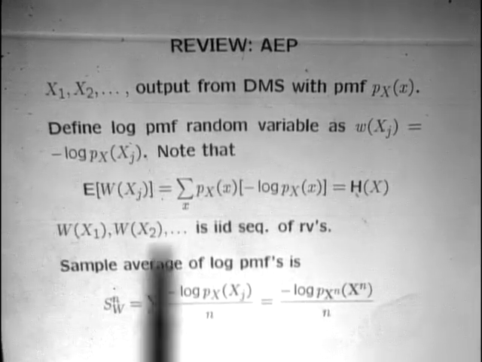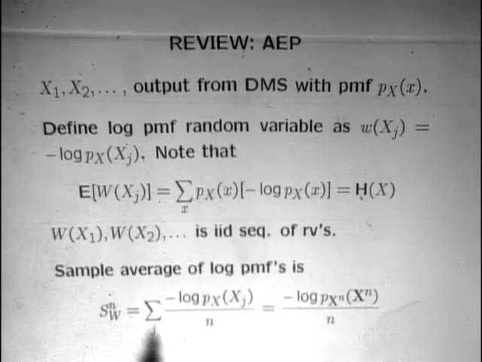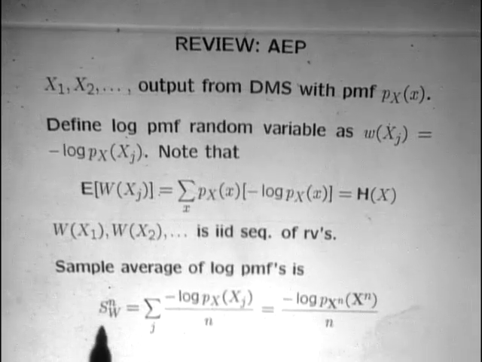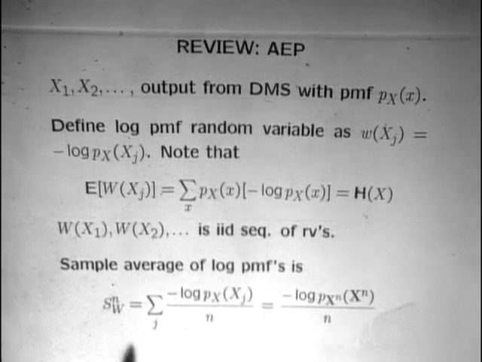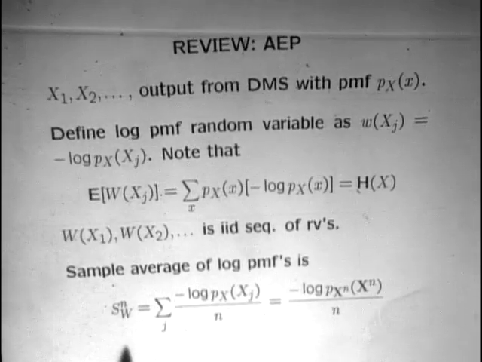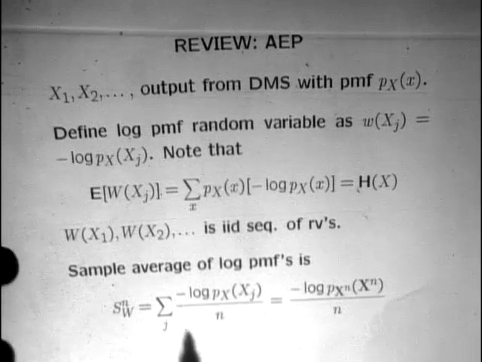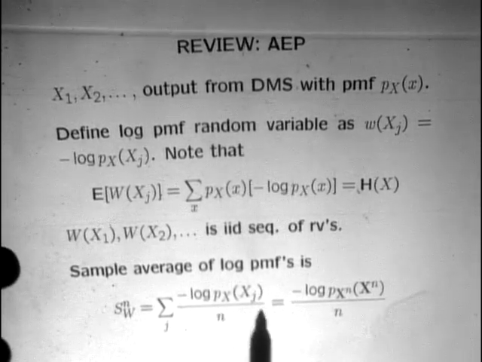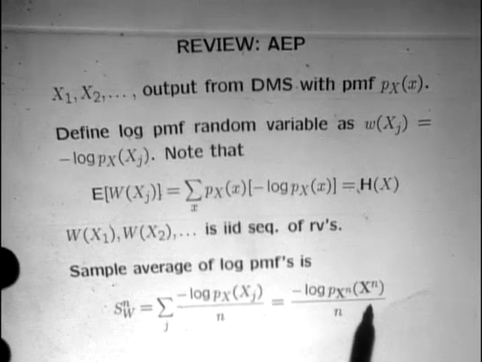We then talked about the sequence of these random variables. We talked about the sample average of them. And the whole reason you want to look at this random variable is the sample average of a lot of these log PMFs, since logs add when the thing you're taking the log of multiplies. What you wind up with is that the sum of these log PMFs is in fact equal to minus the log of the probability of the whole sequence.